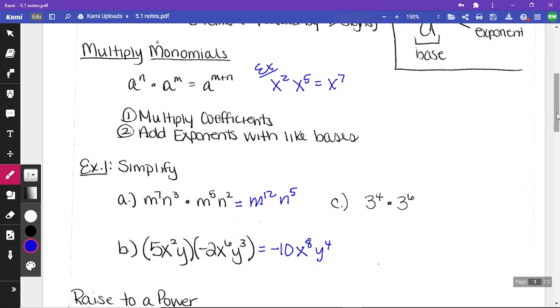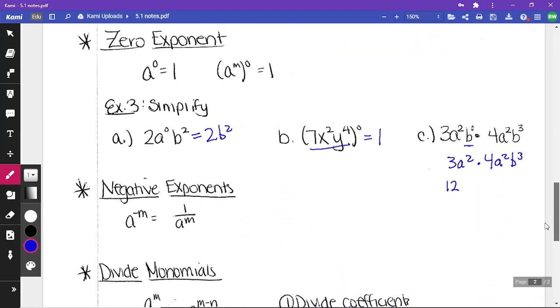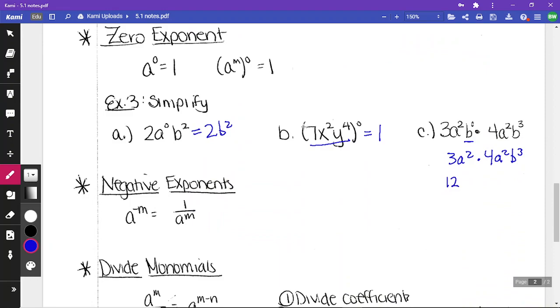So let's do that. So we multiplied the coefficients, right? The 3 times the 4, that's the 12. And we look at our bases. We have a squared, and here we have a squared. So we add those exponents. So we have a to the 4th, and then we have b cubed.